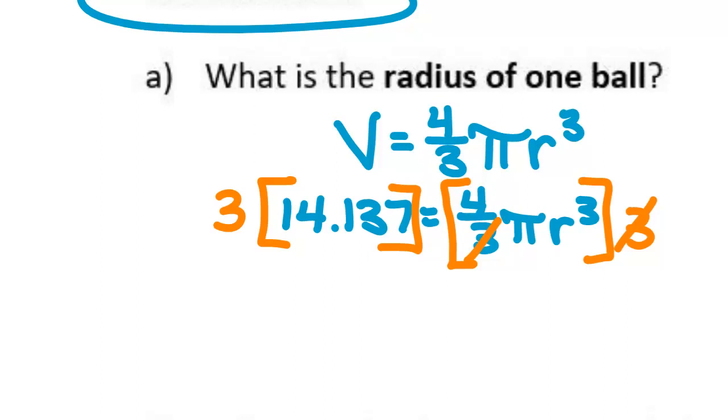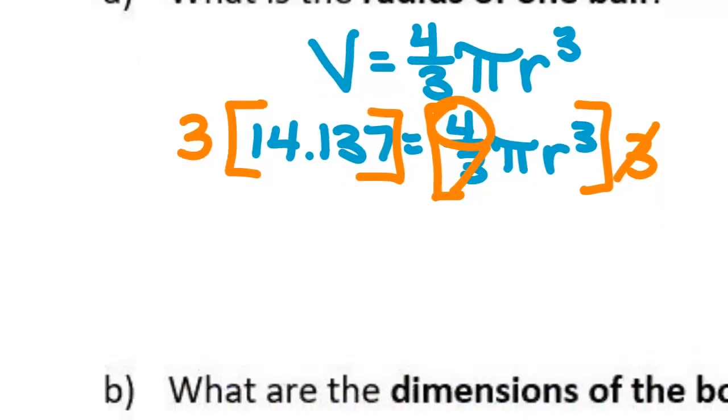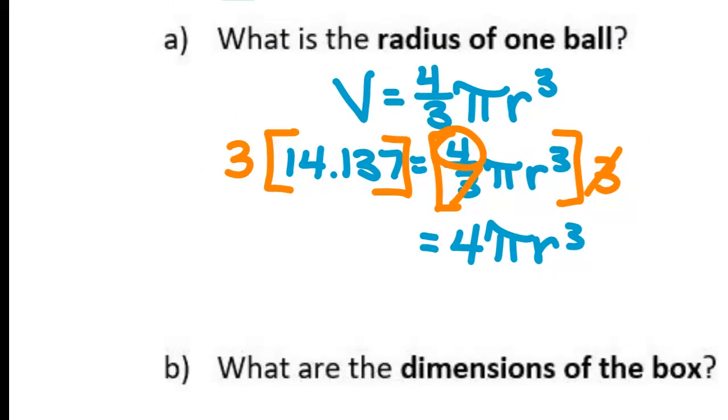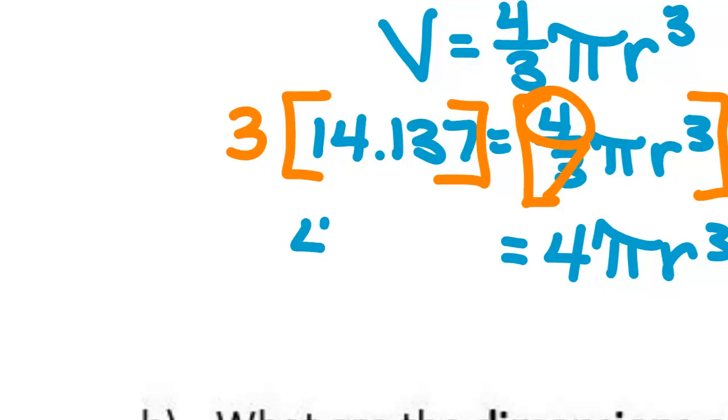It only cancels my denominator, which means I'm left with what part of the fraction still? I'm still left with that 4. So over here on the right, I have 4 pi r cubed. Over on the left, I have to do 3 times 14.137, which comes out to be 42.411.